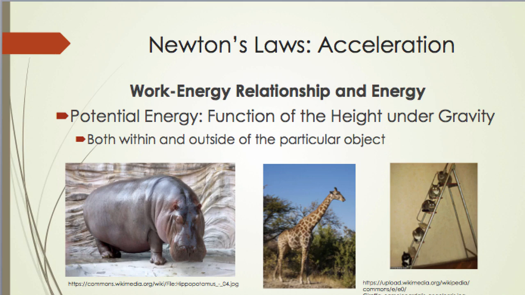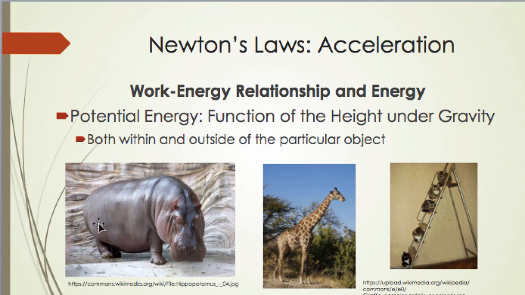So that old expression, the bigger they are, the harder they fall, is very true. If we have a man that's 6'4" versus a woman that's 5'1", the man is going to have higher potential energy because it's a function of height under gravity. Moreover, the man is most likely heavier, so their potential energy is going to be the greatest.